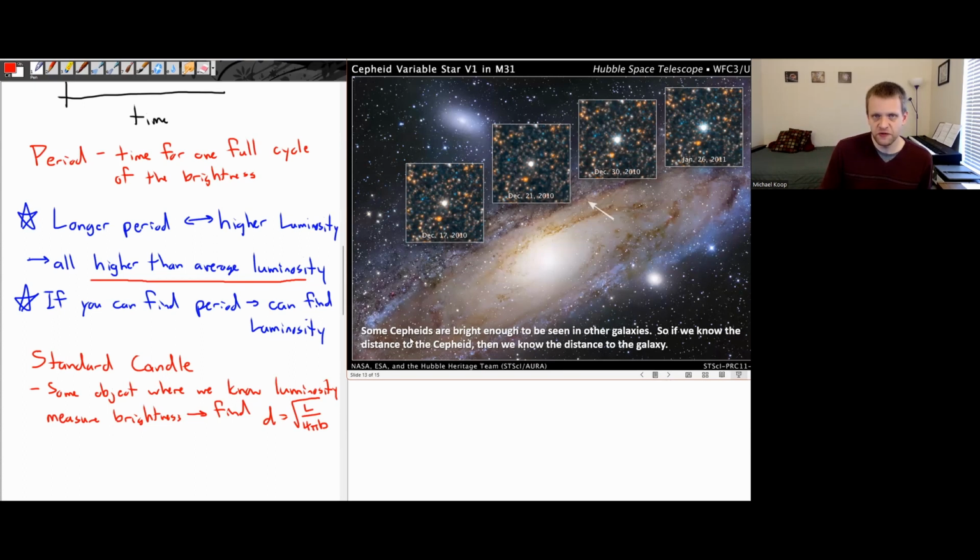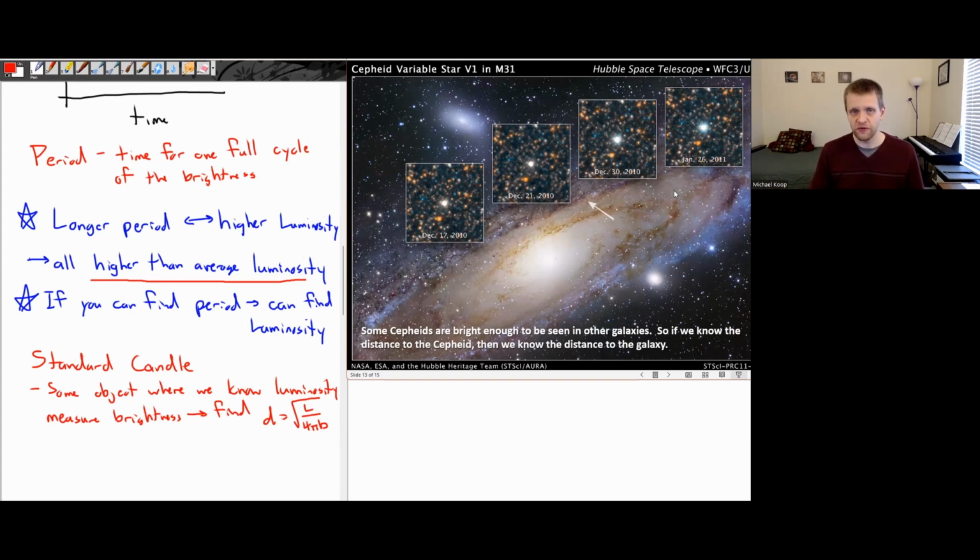And some of these Cepheid variable stars are actually bright enough that we can see them in other galaxies. This is a Cepheid variable star called V1 in the Andromeda galaxy. And over the course of, I think, a little more than a month, it goes through these changes in brightness. So these kinds of observations were made by Edwin Hubble.